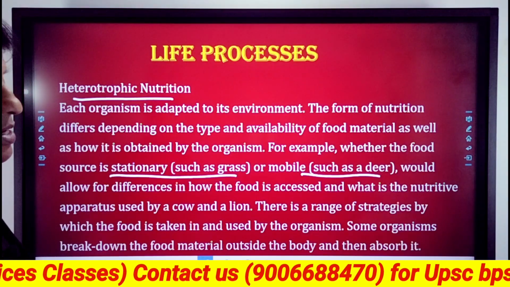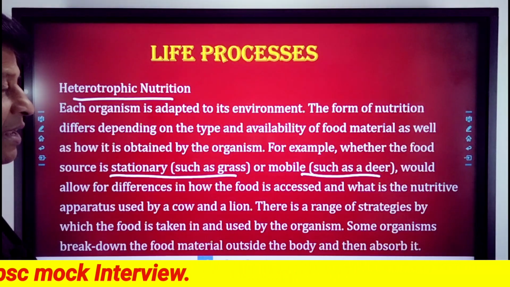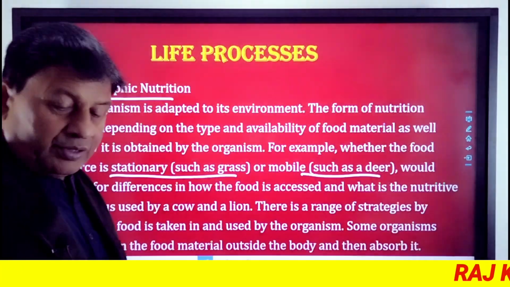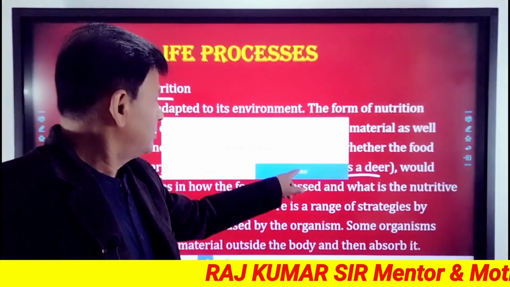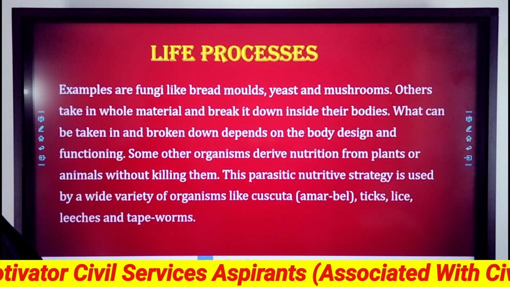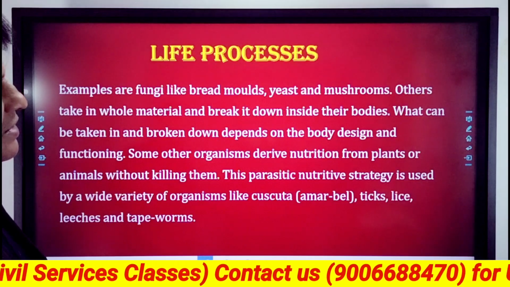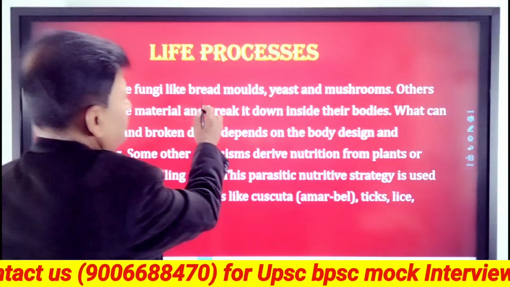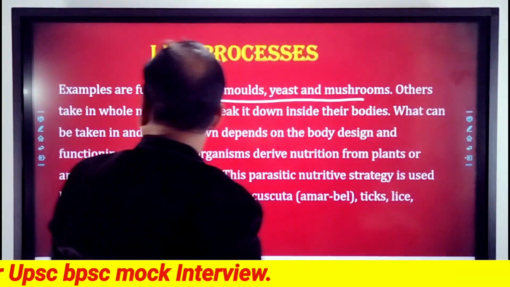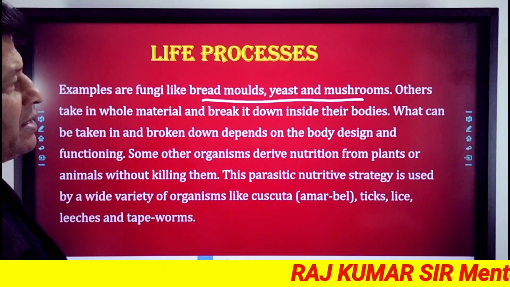Some organisms break down the food material outside the body and then absorb it. Examples are fungi like bread molds, yeast, mushrooms. Others take in whole material and break it down inside their bodies.